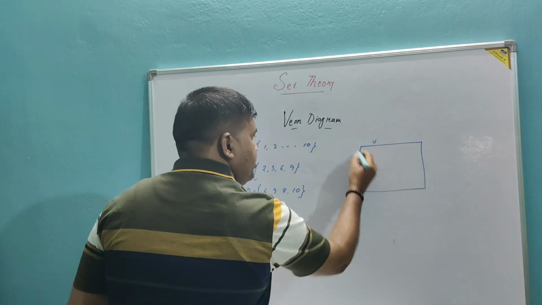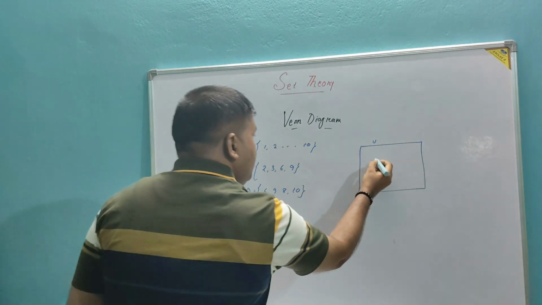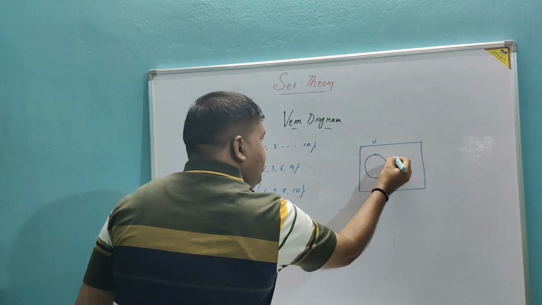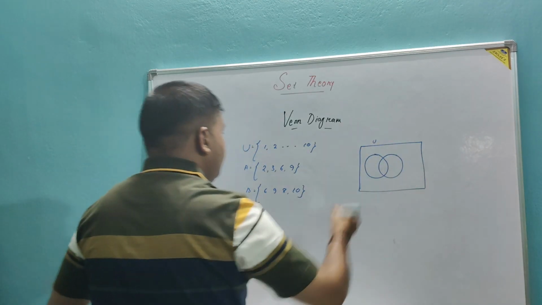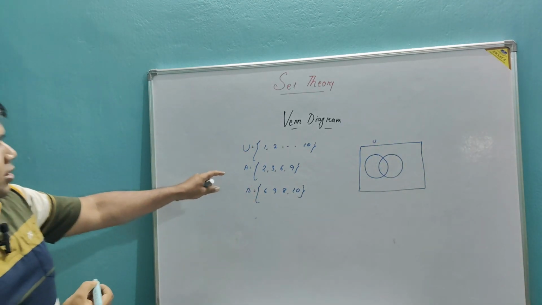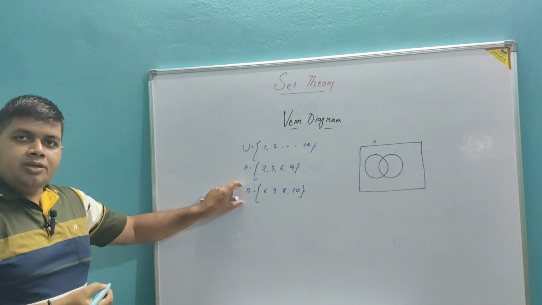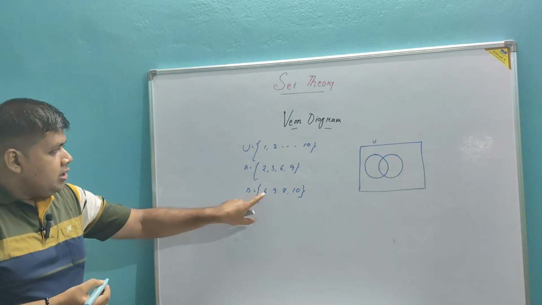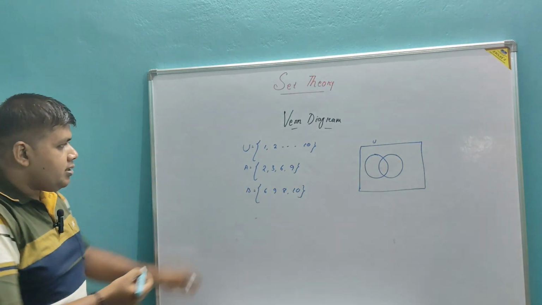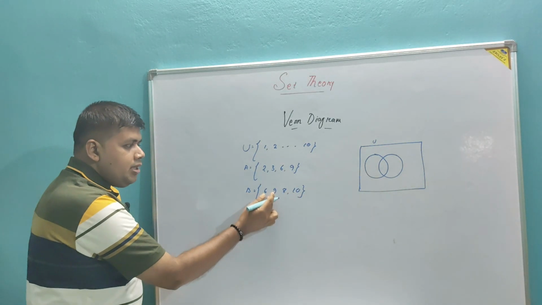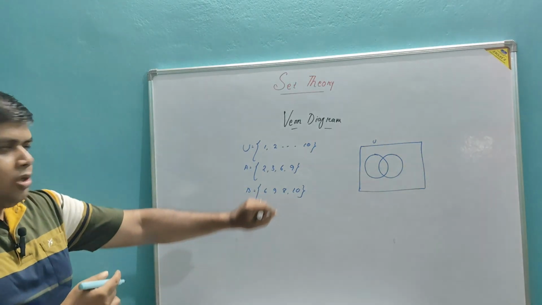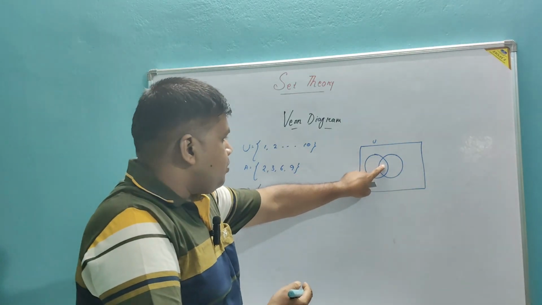This is U, the universal set, and the two sets A and B. Observe that the sets A and B have common elements 6 and 9. So 6 and 9 are the common elements between A and B, and these common elements will be inside this overlapping region.